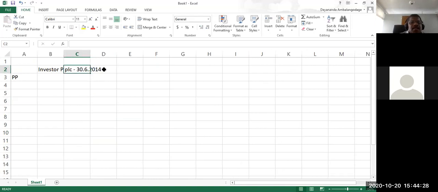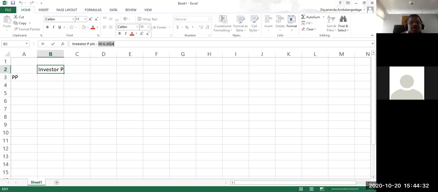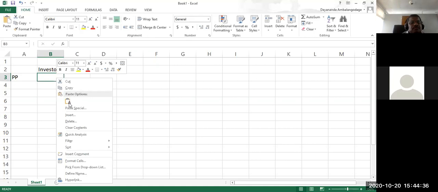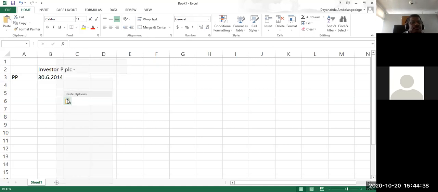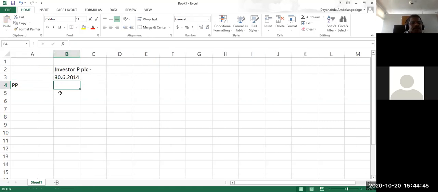So I take this part separately. Then the balance sheet information: you may have different assets of the investor.